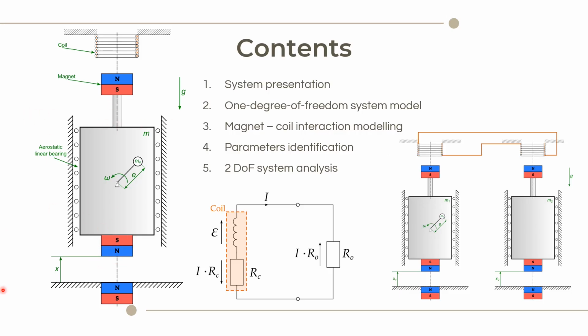The lower magnet has a repulsive interaction with a stationary magnet in the base, creating the so-called magnetic spring. The top magnet can move near the stationary coil, inducing a current in its circuit. An external load of the circuit, for example a resistor, can be connected to the coil.